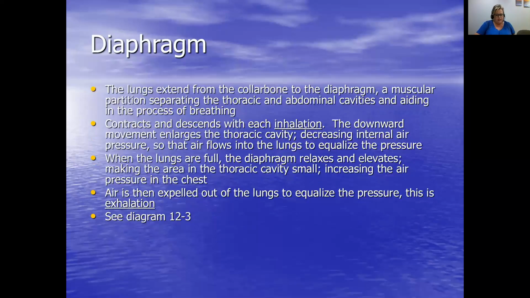If you look on page 463, they have a really good picture of inhalation, or inspiration, and exhalation, or expiration. The diaphragm contracts and then the diaphragm relaxes. The whole lung filling up and getting rid of air all has to do with keeping the pressure in the thoracic cavity even.